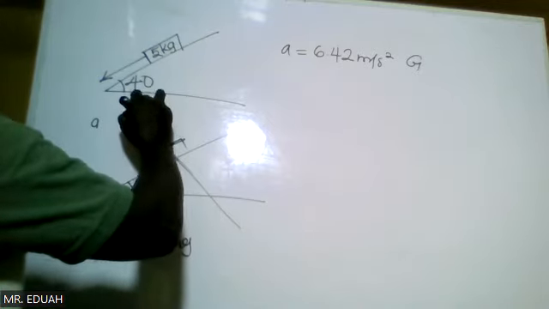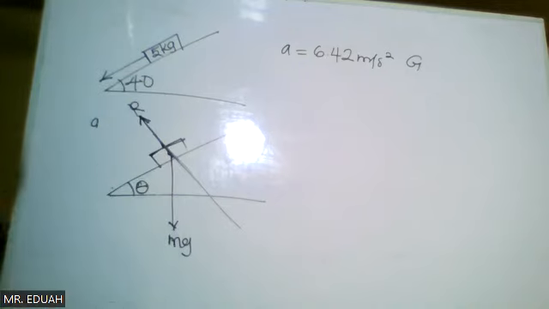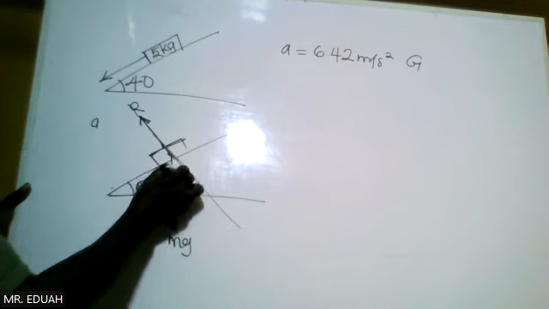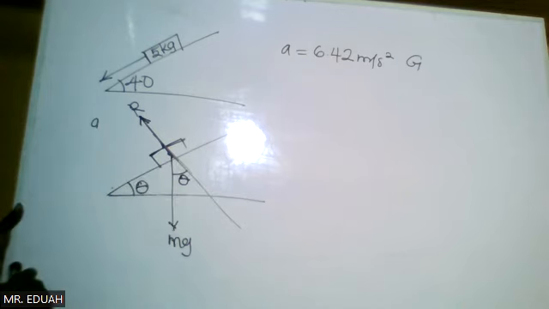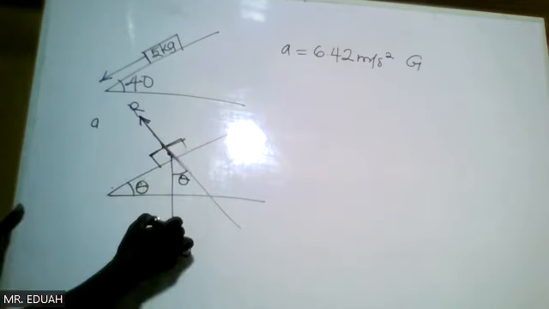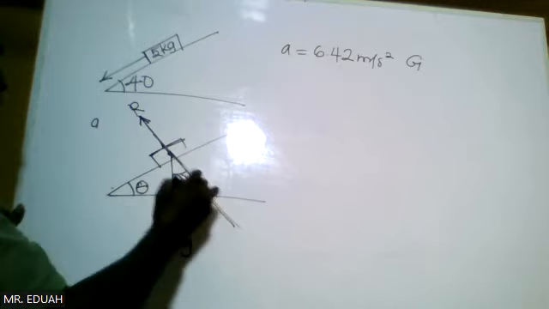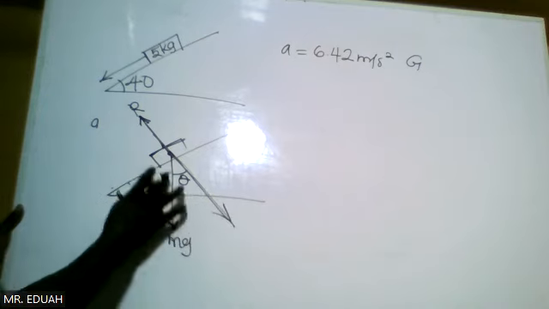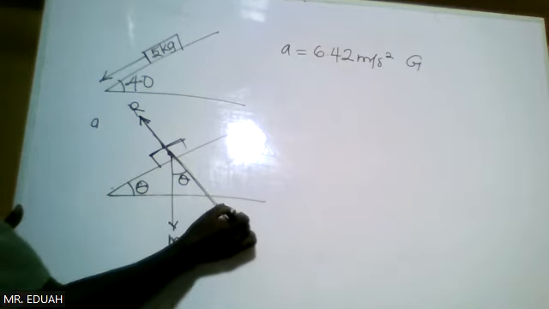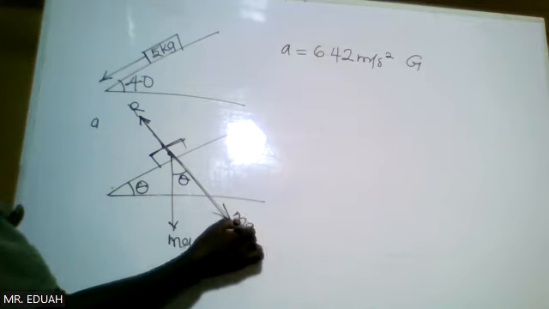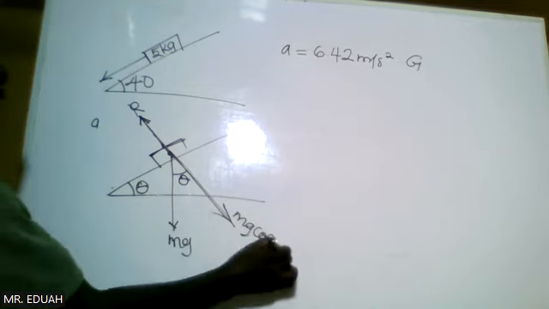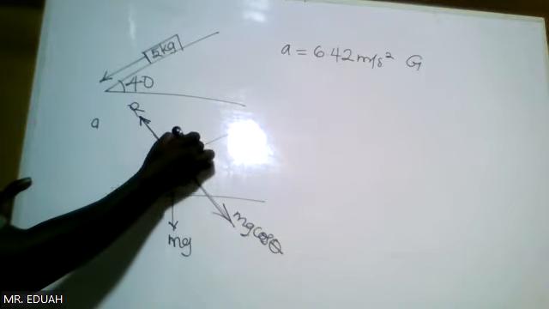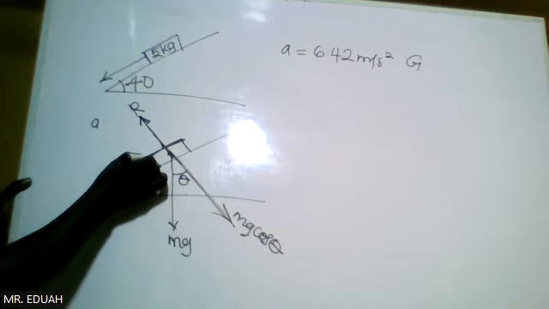So R is here. If this is theta, this is also theta. Now, when you resolve the weight, there is a component of the weight which is always perpendicular to the inclined plane. So this is mg cos theta. There is also a component of the weight which is parallel to the inclined plane, given by mg sine theta.